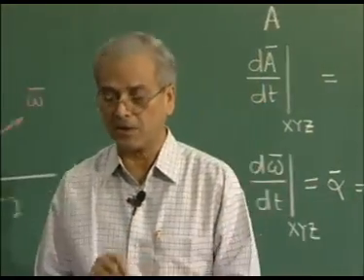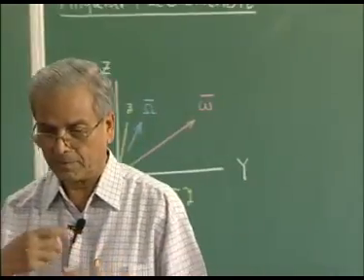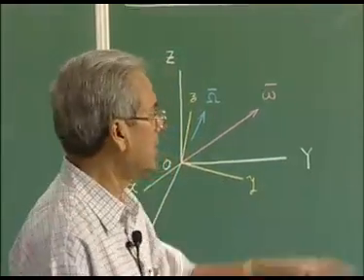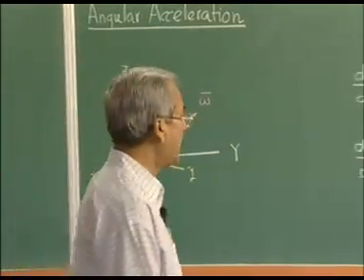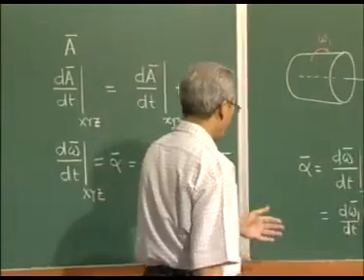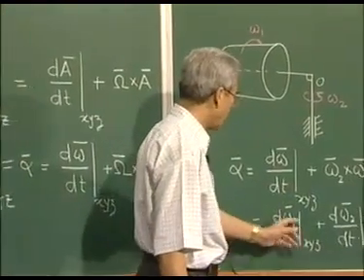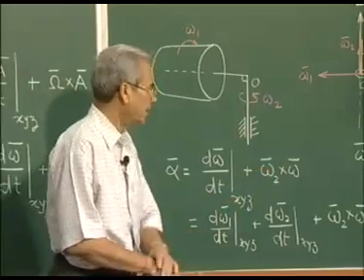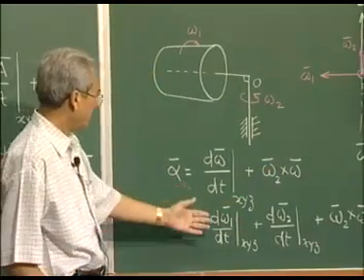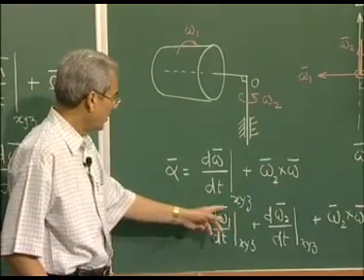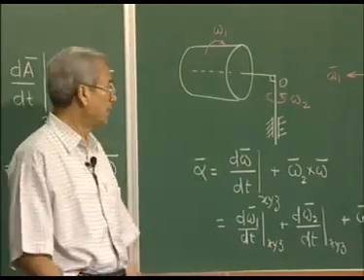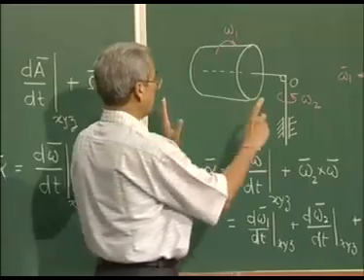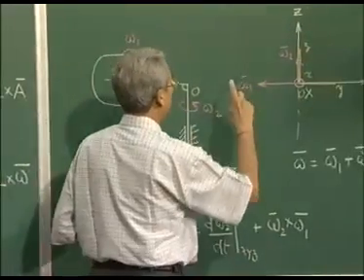If we consider a situation where the magnitudes of the angular velocity components omega 1 and omega 2 are constant, then we will find that both this term and this term will be 0, because there is no change in omega 1 as observed by an observer sitting on the moving frame of reference, though with respect to the fixed frame it is changing direction.